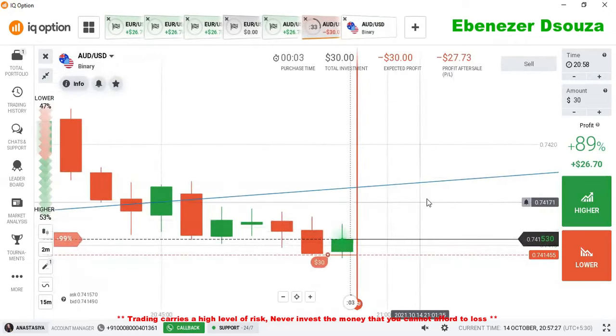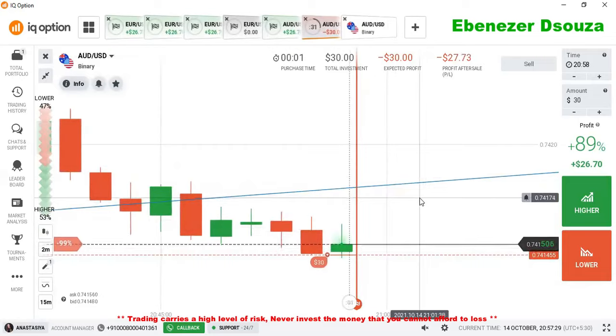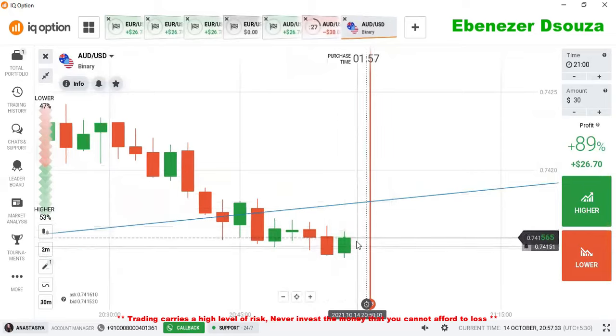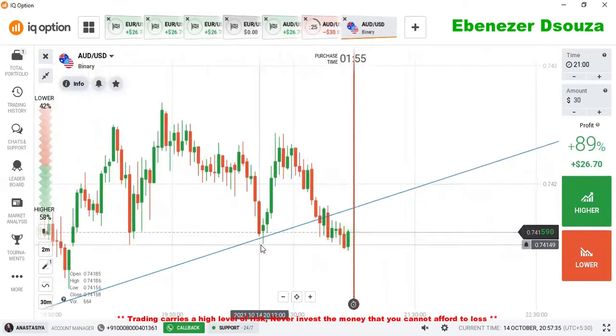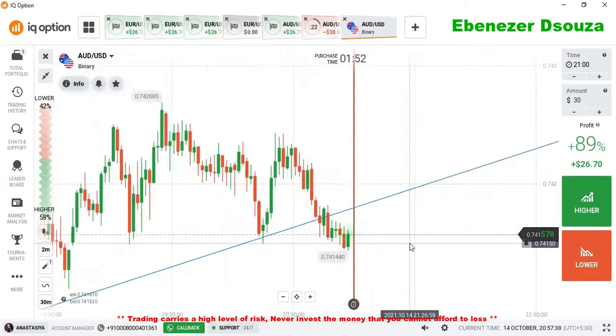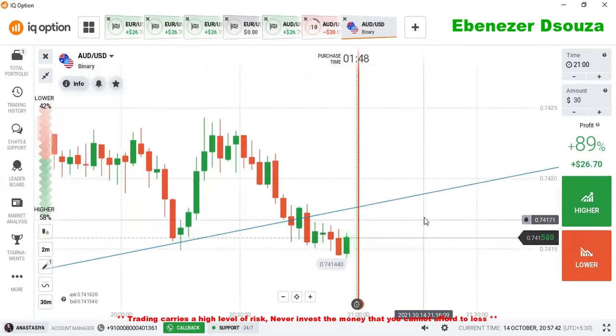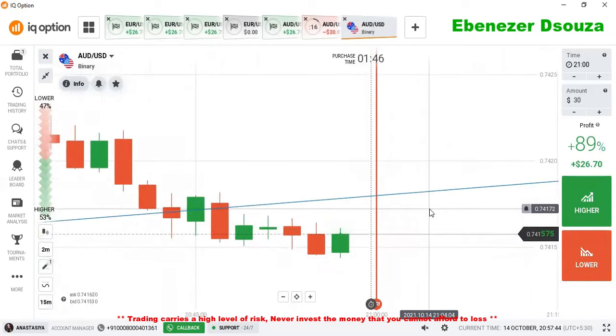So the sellers are trying very strongly, but the buyers are also trying because of this strong buyers area. Okay.